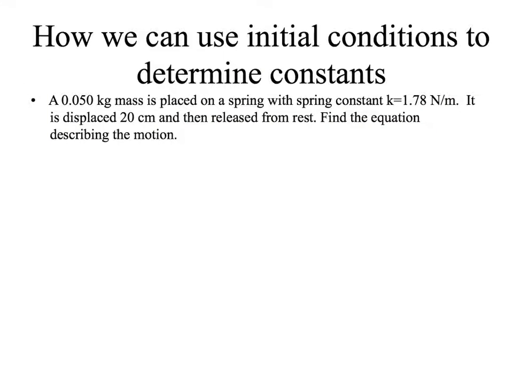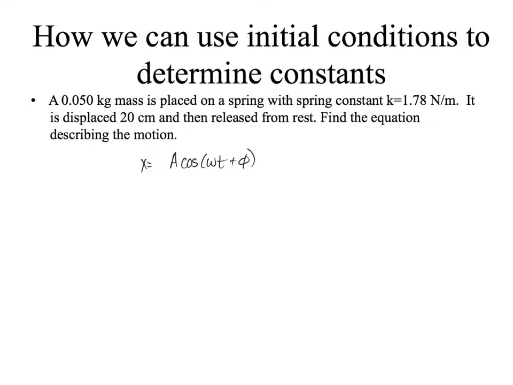And so basically the whole idea is that when we talk about the description for the simple harmonic motion being equal to A cosine omega t plus phi, we actually want to make this equation very specific for whatever situation we're looking at in that specific time.